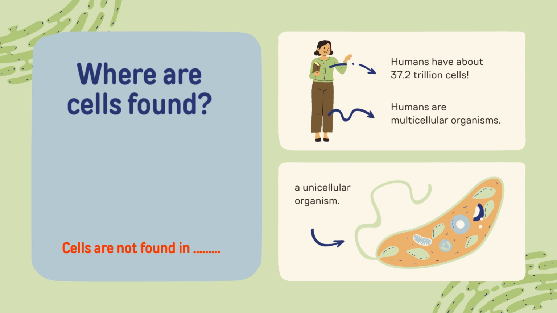On the other hand, some living organisms, like bacteria, have only one cell, as their whole body consists of only one cell. So it's very tiny. We can't see bacteria with our naked eyes. We need a microscope to see them, and we call it a unicellular organism. Unicellular means one cell.